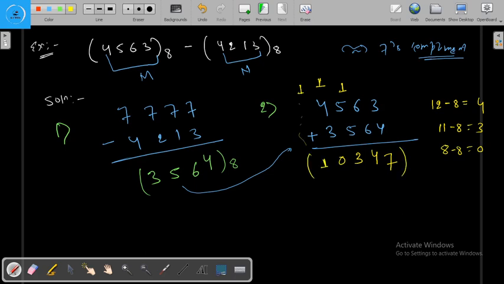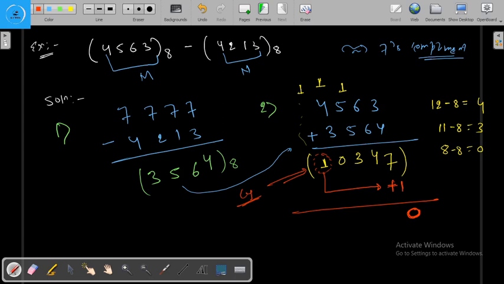So the carry is generated here. After performing this addition, carry is generated, so what we are going to do is add this carry into the least significant digit. Then 7 plus 1 is 8, we write 0 here and pass carry here.